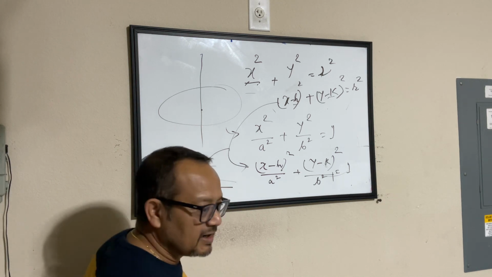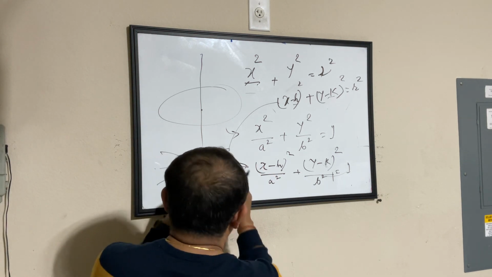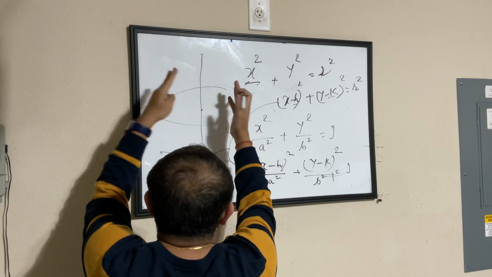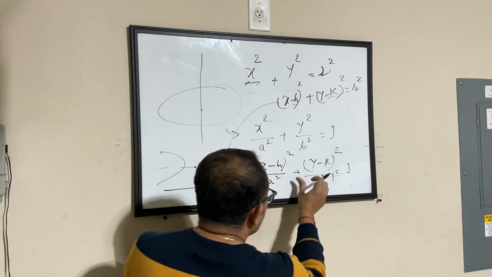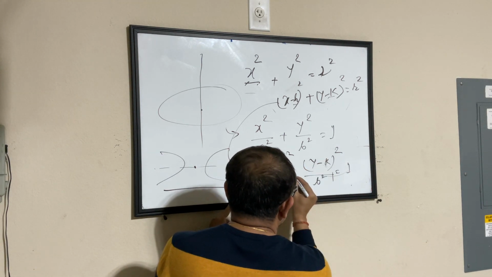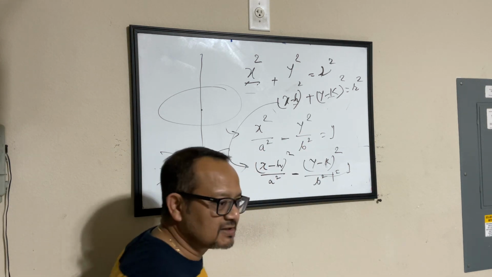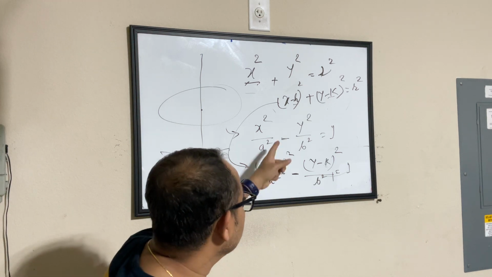Okay? Now, when I flip this, now look at this. One of it will become a mirror image of the other piece. And hence, if I just add a flavor like this, this becomes my equation for the hyperbola.